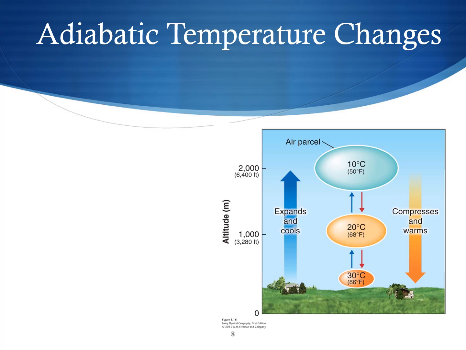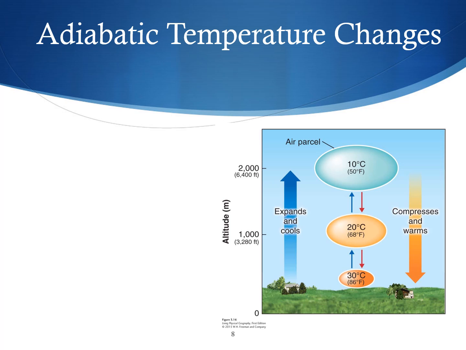The temperature changes within that air parcel that result from changes in its volume due to changes in air pressure are called adiabatic temperature changes. As those air parcels move vertically in the atmosphere, they cool or warm because of those changes in their volume.